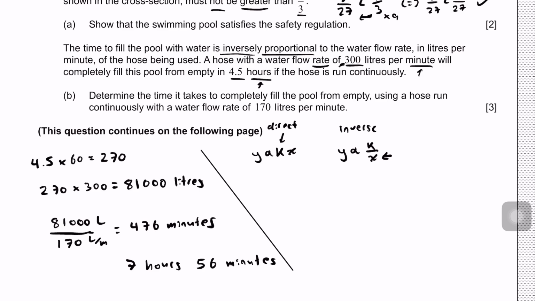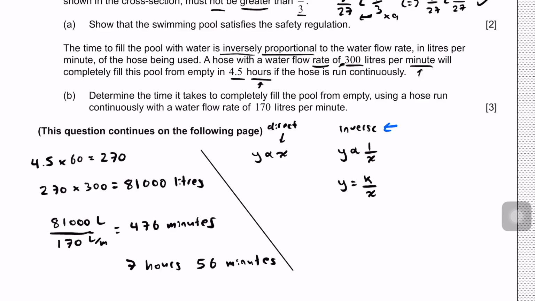Okay, so actually, let me just fix this. y is proportional to x, and y is proportional to 1 over x. Okay, so here we are. We're dealing with an inverse relationship, and we have y equals k over x.